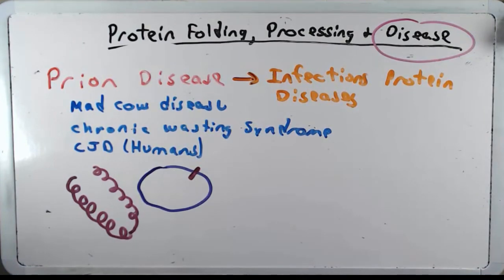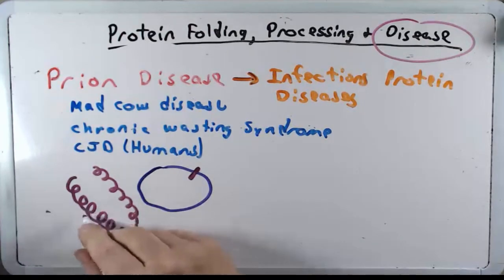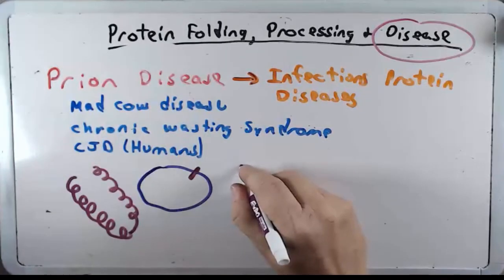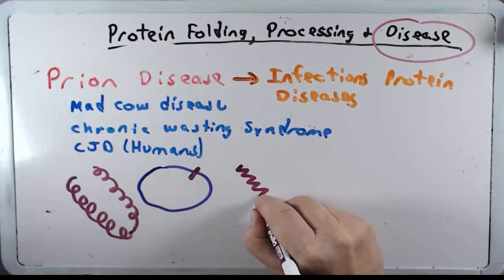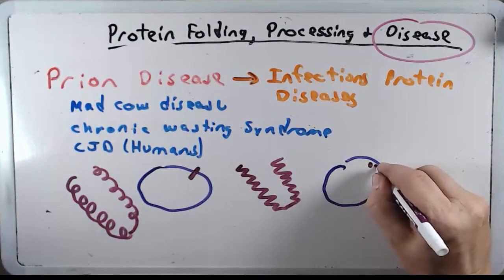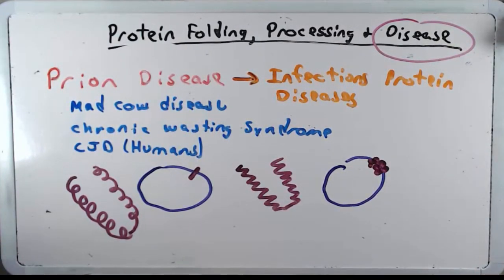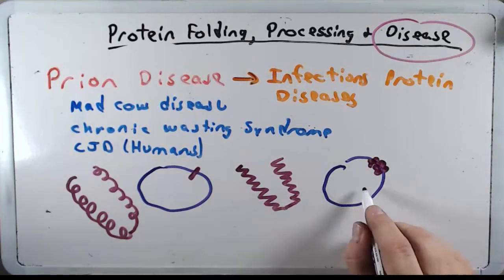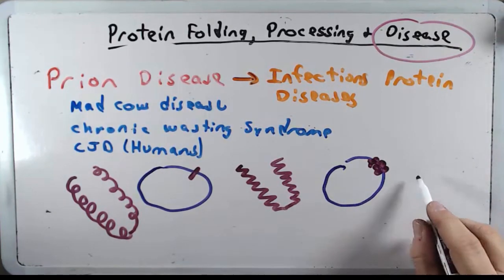When they begin to misfold, sometimes for reasons we don't completely understand, these alpha helices are converted into predominantly beta sheets. In this form, on the cell, these begin to aggregate and they're not allowed to do their normal function. This ultimately can lead to cell death of the neurons.